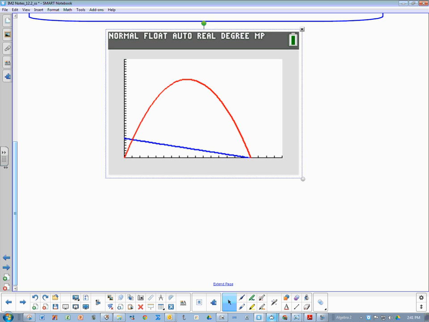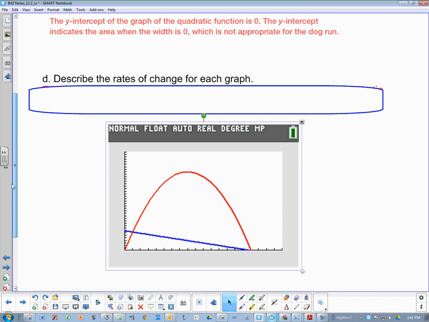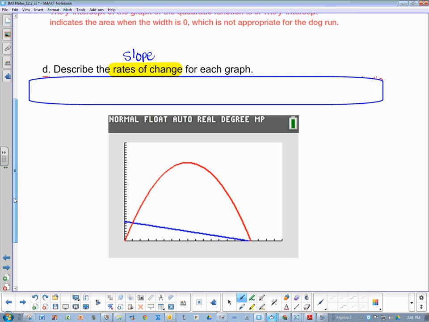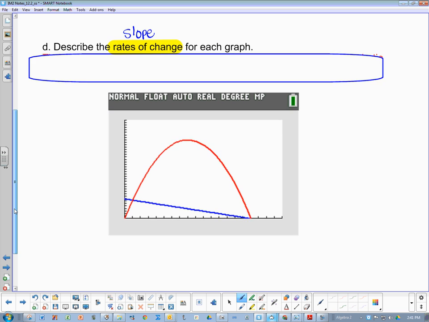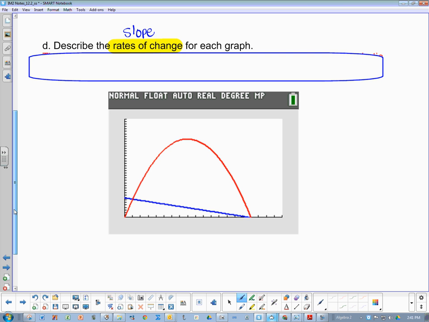From Integrated Math 1, we dealt with a lot of rates of change. And rate of change, we have something that represents that called slope. Well, for this linear function, that's not too bad. You'll notice we have some rise and run.